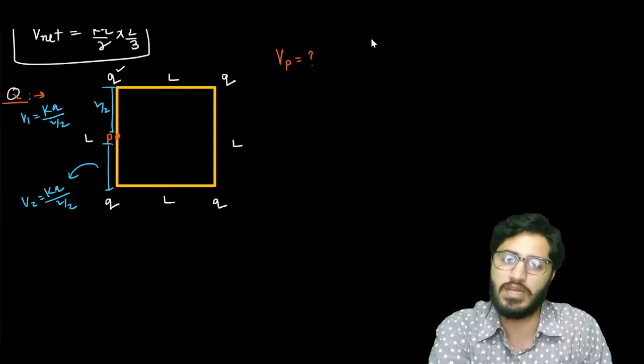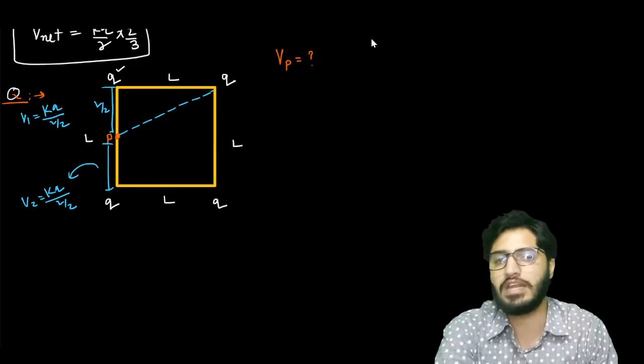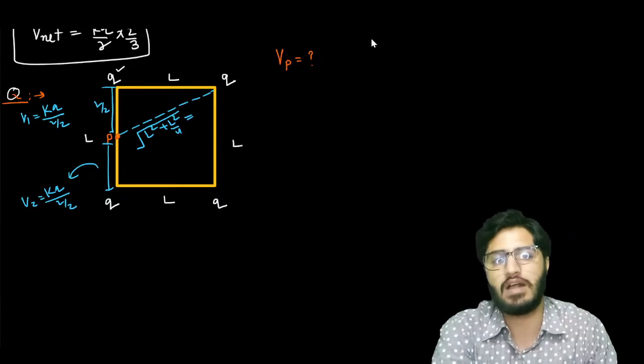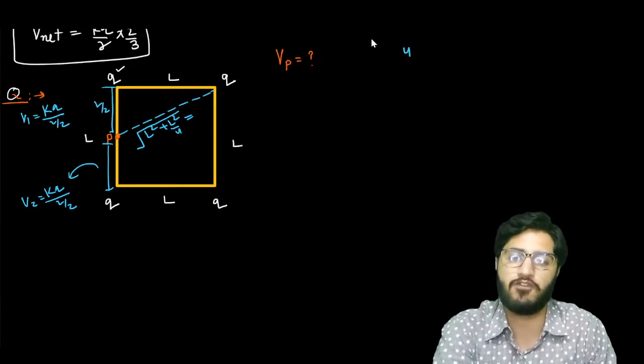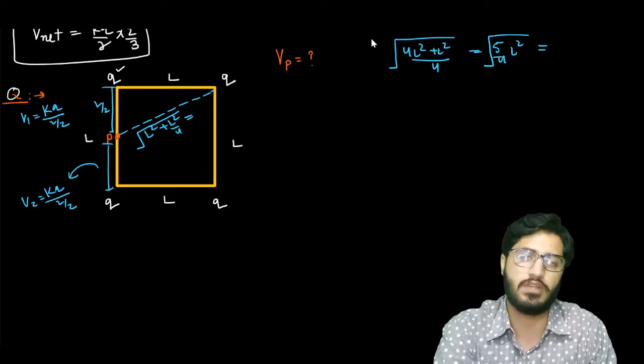Now, due to this one, I have to just connect these two. L by 2. I will write here L square plus L square by 4 under root. So I can write it 5. No, look here. I will write it as 4L square plus L square by 4. No, 4 under root. So I will write 5 by 4 L square root. So it will be equal to L by 2 under root 5.